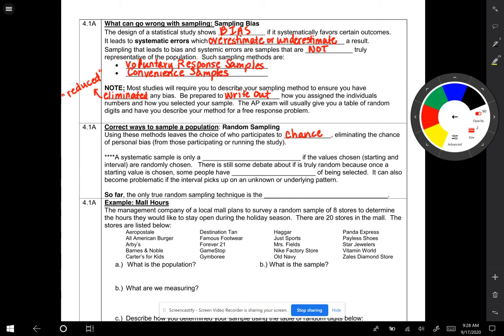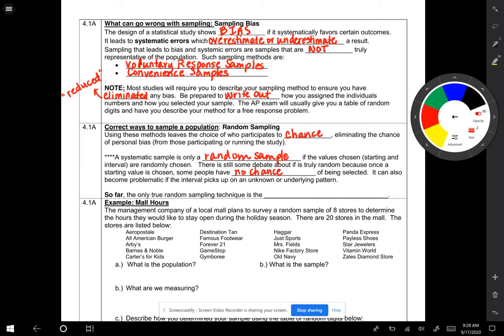A systematic sample, which I mentioned on the previous page, is only a random sample if the values chosen, so the starting value and the interval, are randomly chosen. There is still some debate about if it is truly random because once the starting value is chosen, some people have no chance of being selected. And that's not having equal chance of being selected.